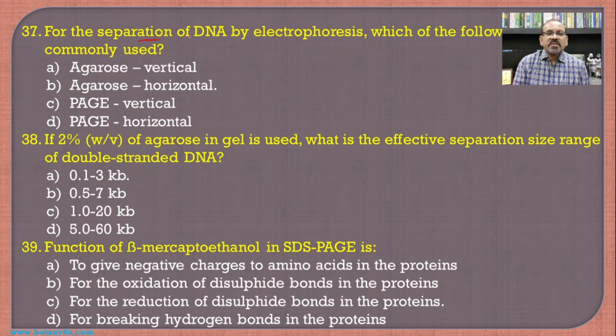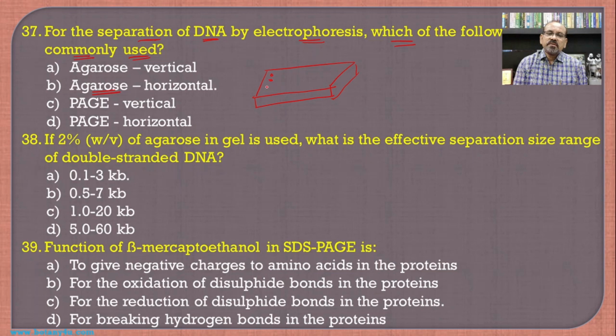Then for the separation of DNA by electrophoresis, which of the following methods is commonly used? If you see the normal separation of DNA by electrophoresis, the most common method is agarose gel electrophoresis, which utilizes horizontal agarose gel electrophoresis.